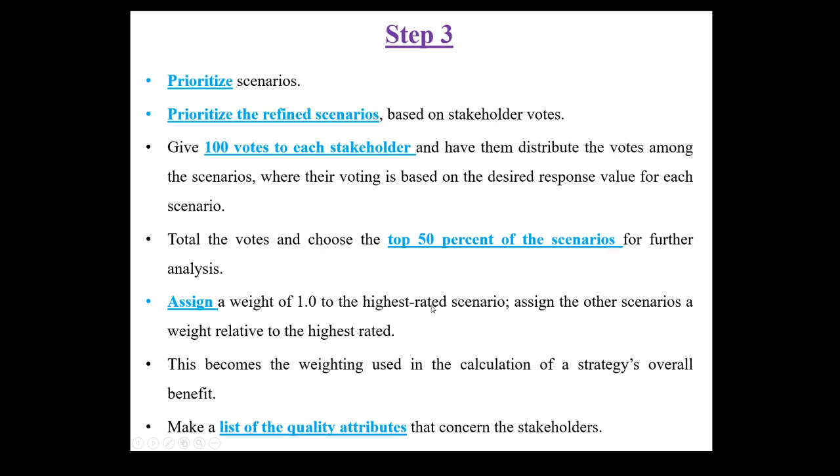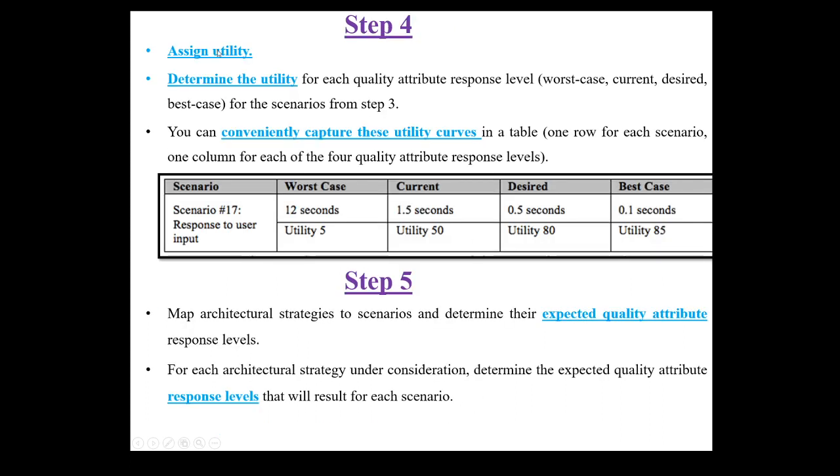Assign a weight for each scenario. 1.0 is the highest rated scenario, and the others are weighted relative to the highest rated. This becomes the weighting used in calculating the strategy's overall benefit. Based on that, you can list the quality attributes that concern the stakeholders.